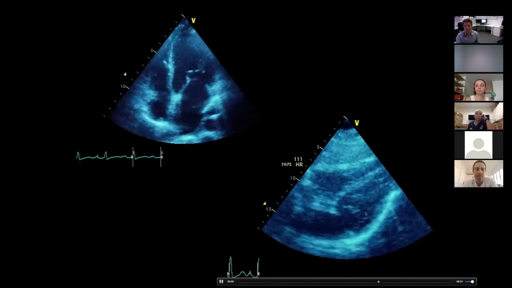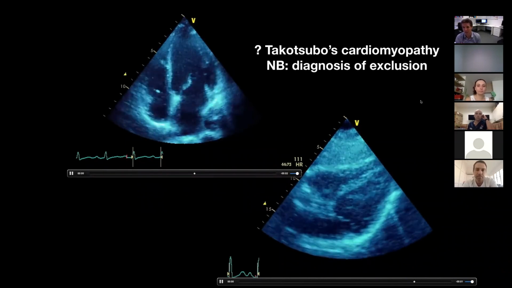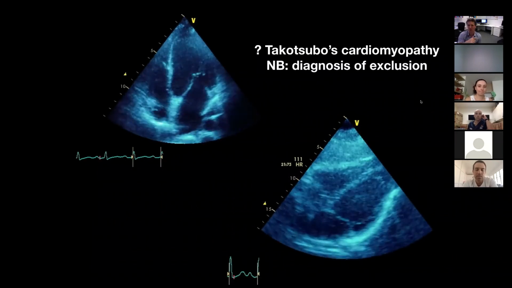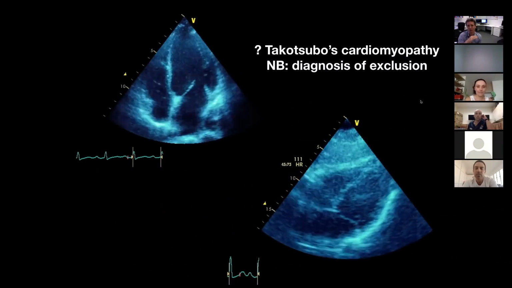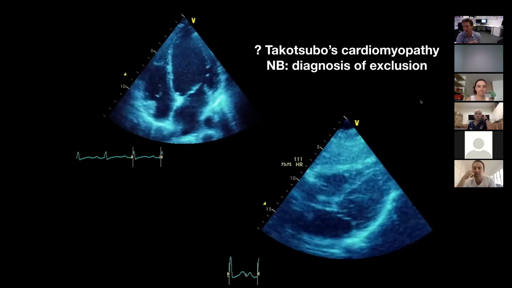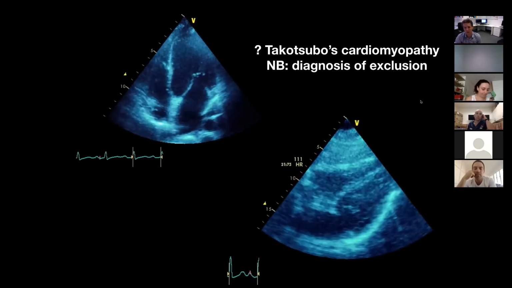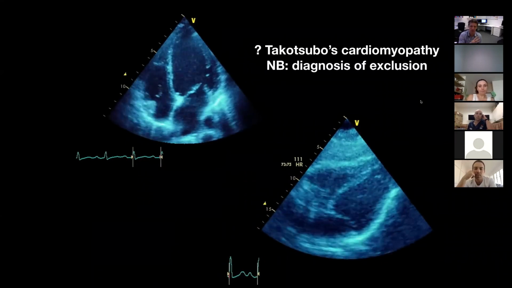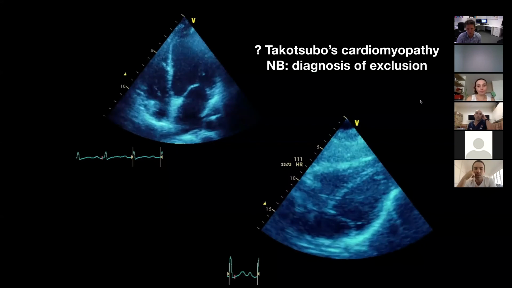Absolutely, I was agreeing with you, saying, is this a Takotsubo cardiomyopathy? Make sure that's a diagnosis of exclusion. I often treat them as non-STEMIs until proven otherwise. So make sure we say it's a diagnosis of exclusion. But again, this is a very different beast from the other 3 cases. But again, we would include all of these together.